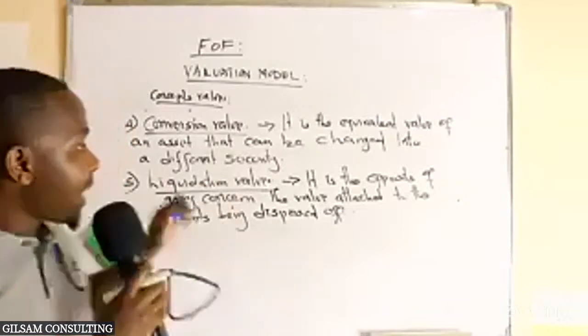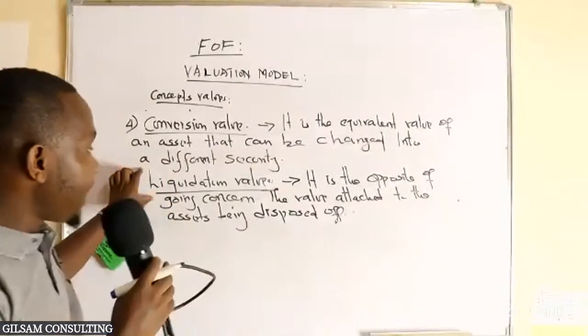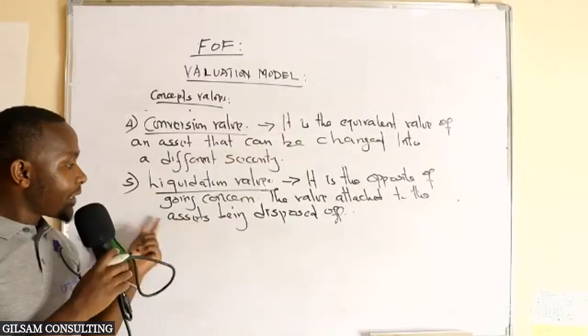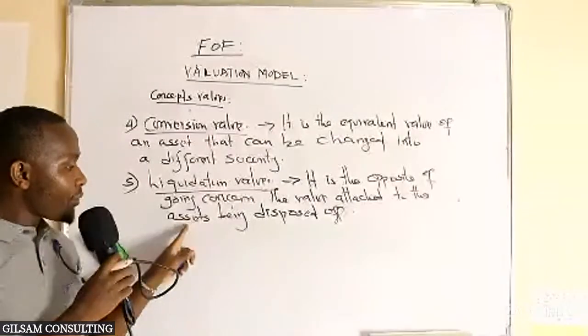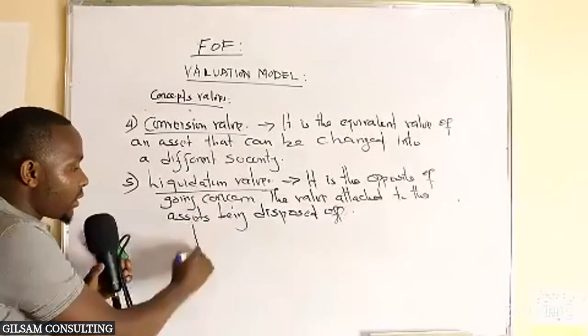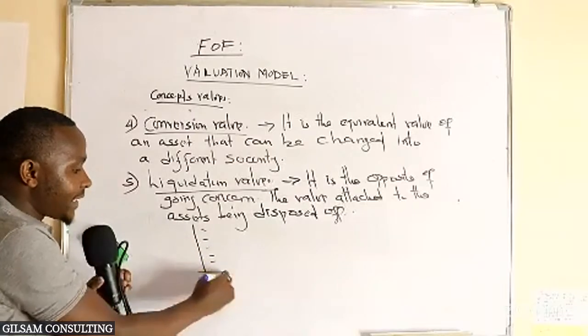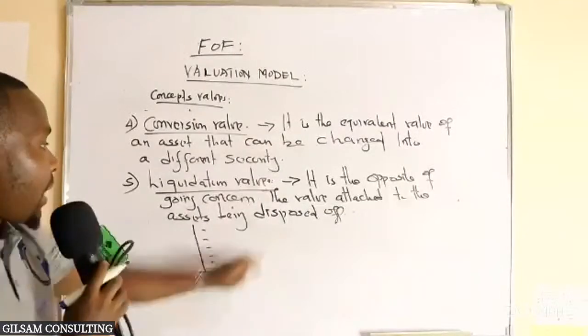You appoint a liquidator. The liquidator will come and do the valuation of assets, getting values for those assets. Then we sum them up, and that is the value of that company at the point of disposal.